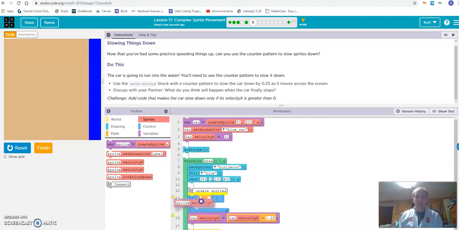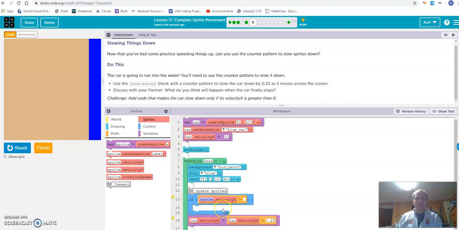Once again, we read the sentence that tells us what comparison we need to put in there: makes the car slow down only if its velocity x is greater than 0. So car.velocity x greater than 0.